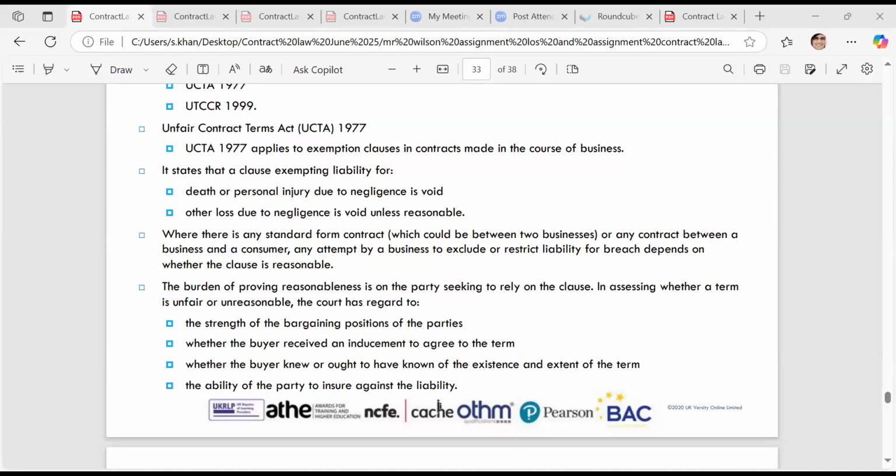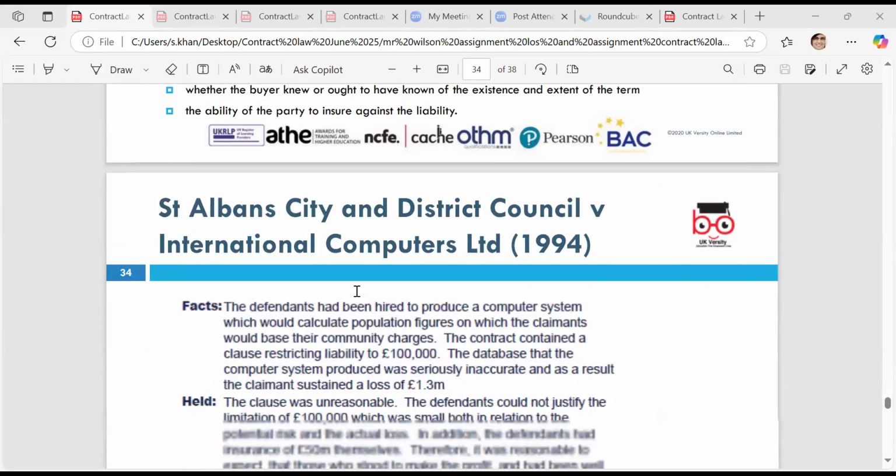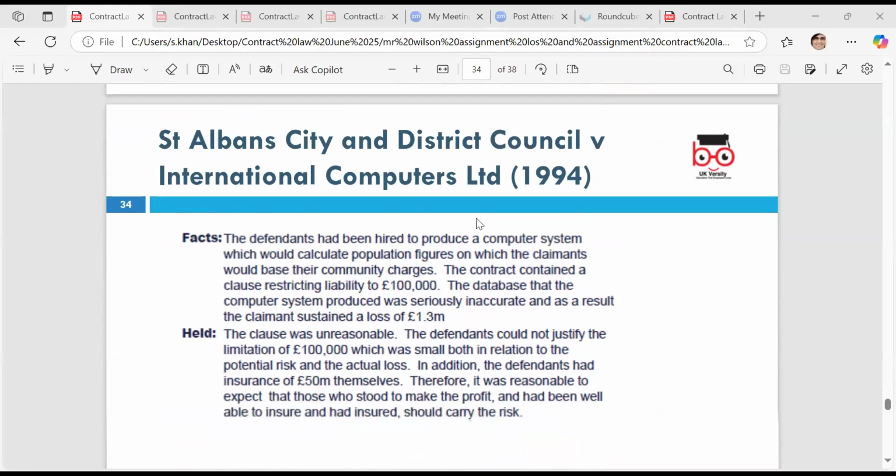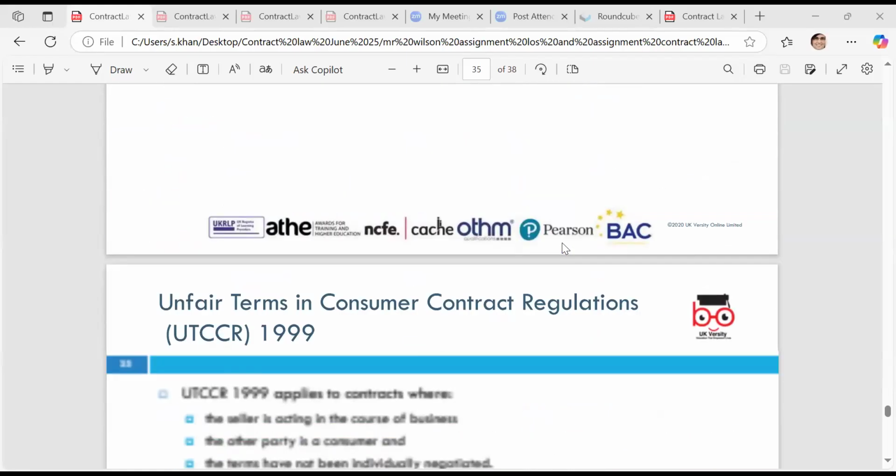The burden of proof is on the individual relying on the clause to show that it's fair and reasonable. And the case in regards to statutory rules is the case of St Albans City and District Council against International Computers Limited, 1994.